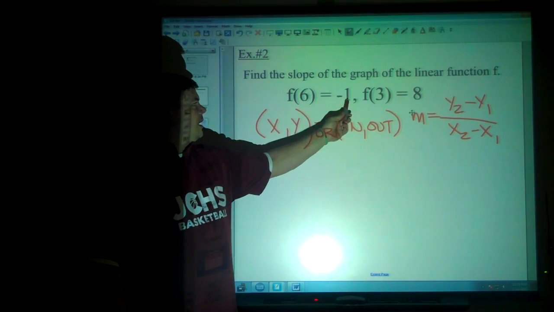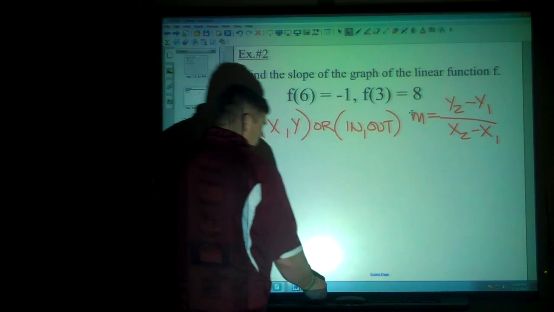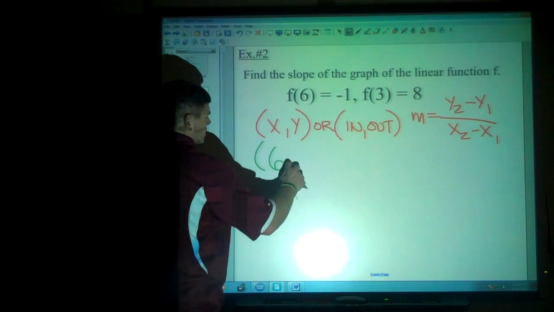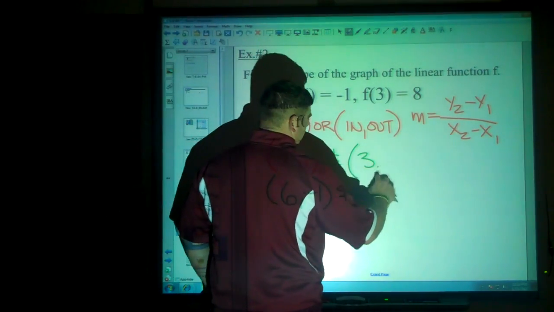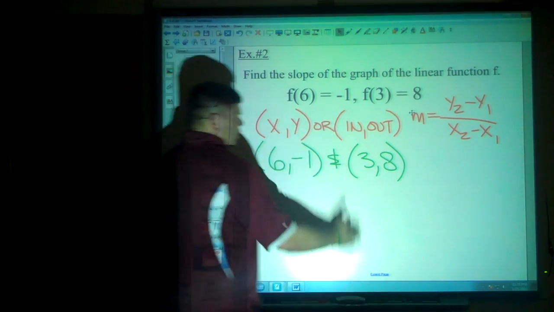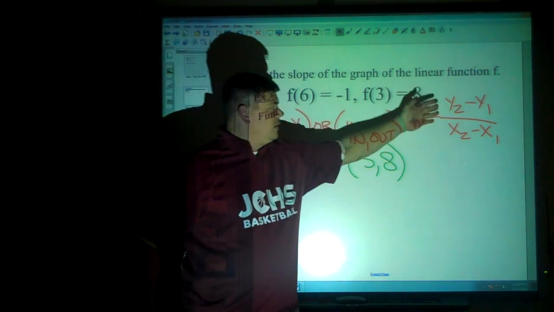We have two coordinates. You've got 6, comma, negative 1, and you have 3, comma, 8, which is more than enough information to find the slope.